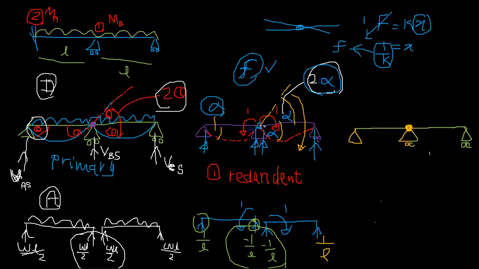you apply a unit redundant at the first coordinate. Why? There was actually a bending moment and a rotation, and we make the bending moment 0, right? So the relative rotation was actually 0, but now there's a rotation, but bending moment is 0, right?